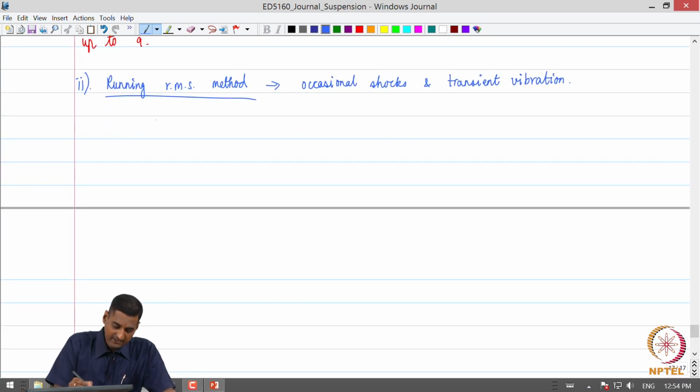So, we have a parameter which is called ARMS at a time t naught, okay, which is, let me write down the definition, then I will briefly explain what it is. So, we essentially evaluate using this formula.